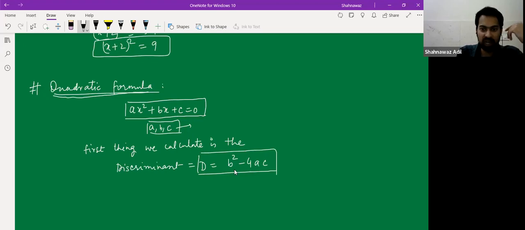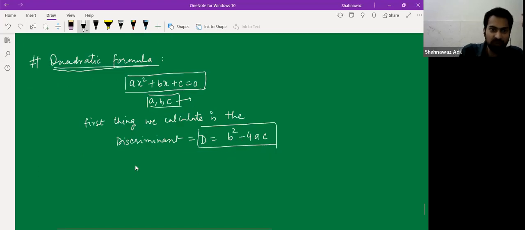And when you calculate this discriminant, then we can use the quadratic formula. So for the quadratic formula, you have two solutions, alpha and beta, which is minus b plus minus root of d, divided by 2a, right?